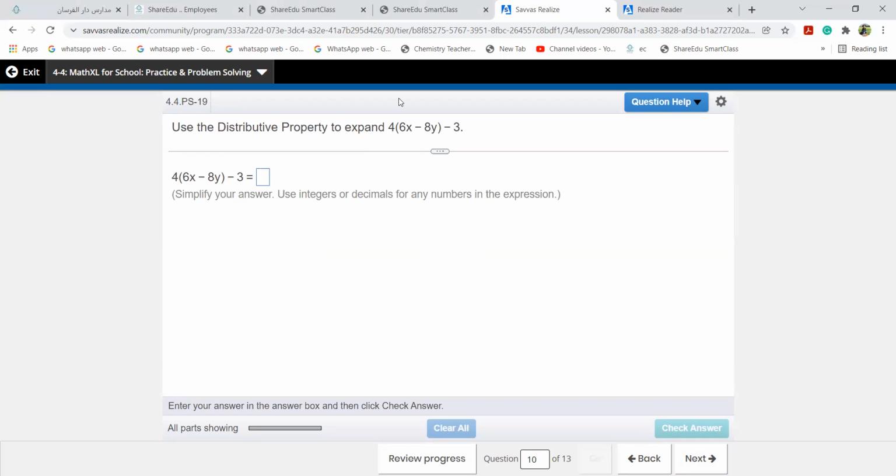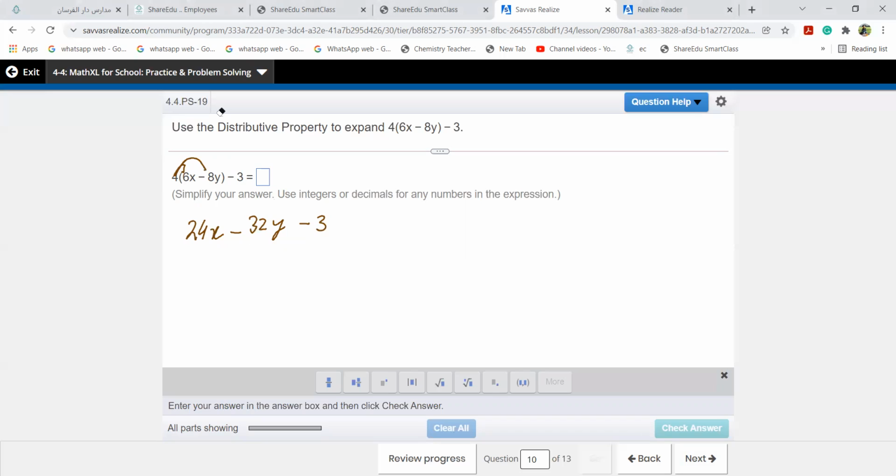Malak, can you do this with me? Okay, miss. First, we will... I will help you with the multiplication. Okay. Multiply 4 by 6. You get 24x and then minus? And then minus, multiply 4 by 8y. I get 32y. Very good. And then minus 3. Yes. Now, do you have anything? Miss, I didn't get the same answer. I did 4 multiply 3.